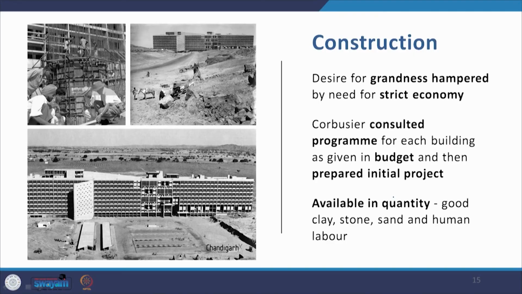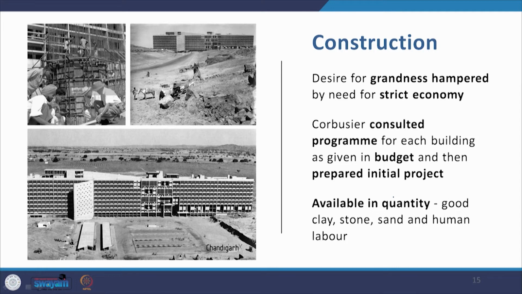No, they do. And in the case of Corbusier, as is well documented, when he did this design of Chandigarh, having been aware that he was hampered by the need for strict economy in the program, Corbusier consulted the program for each building as given in the budget and then prepared the initial project.